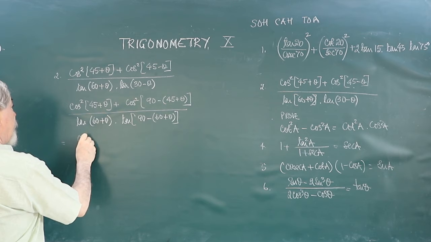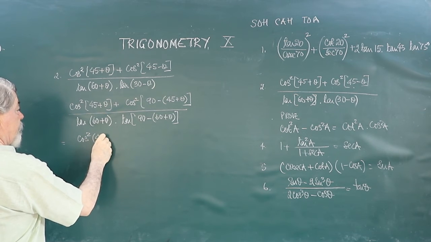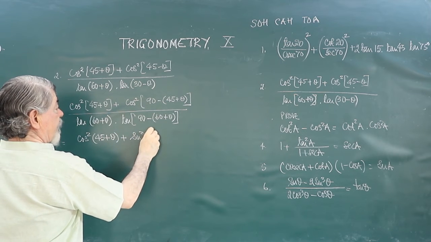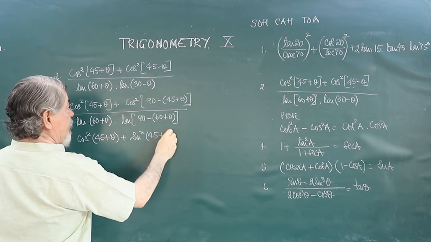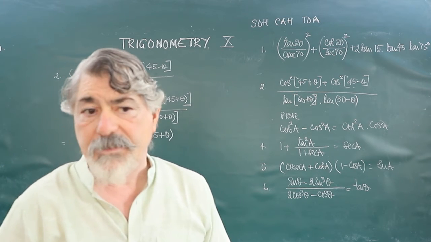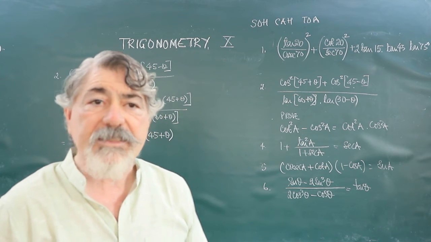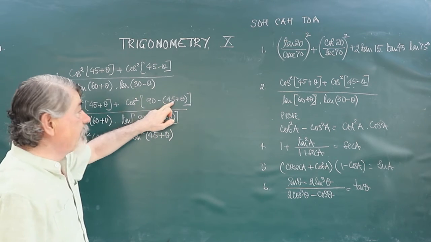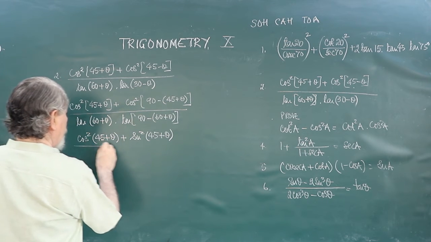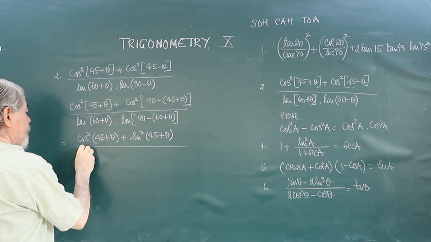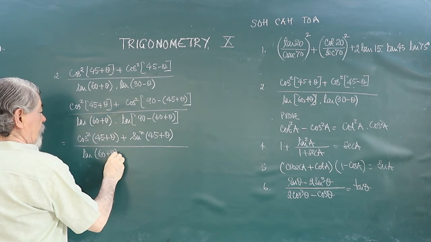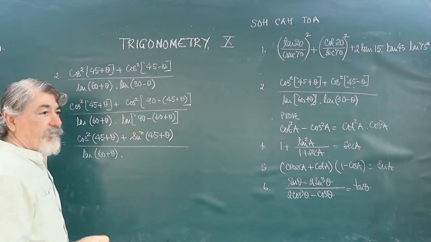Now it is cos square 45 plus theta plus sine square 45 plus theta. Because cos 90 minus theta is sine theta. So it becomes sine square 45 plus theta upon tan 60 plus theta, and tan 90 minus theta will become cot theta.